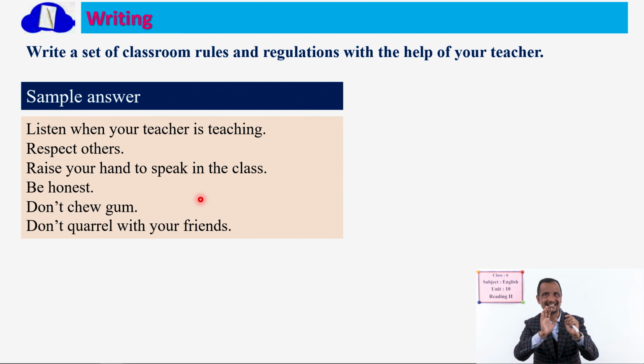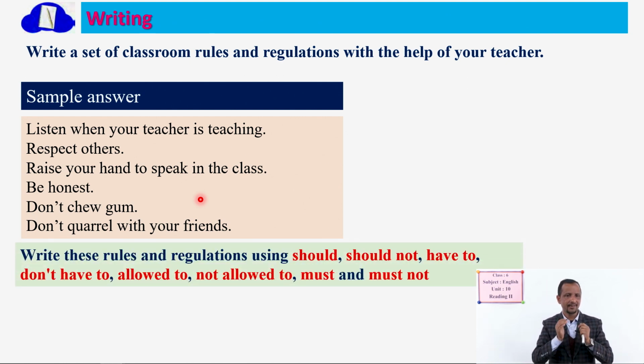And you can write down many more. And then what can you do after this? You have to convert them in this way. Write the rules and regulations using should not, have to, don't have to, allowed, that we discussed earlier. We discussed what auxiliary verbs are used for restriction and what for permission.